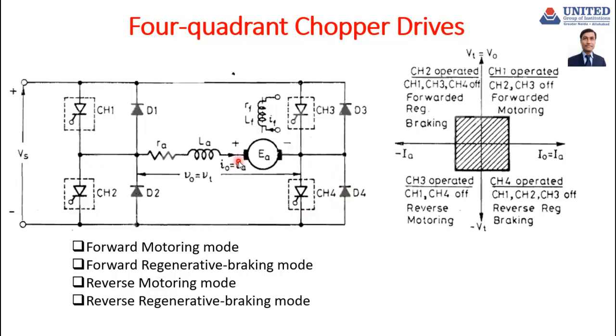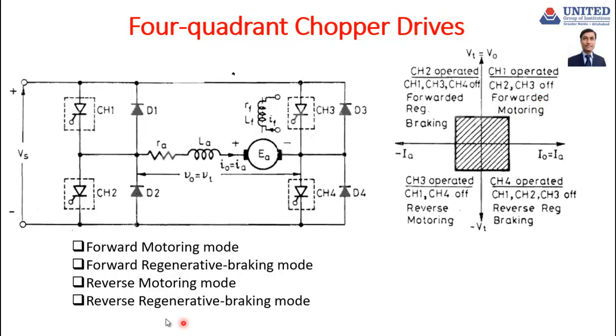When both switches CH3 and CH2 are turned off, then armature current falls and flows through diode D1 and D4, like that. This operating mode is opposite to the forward motoring mode.